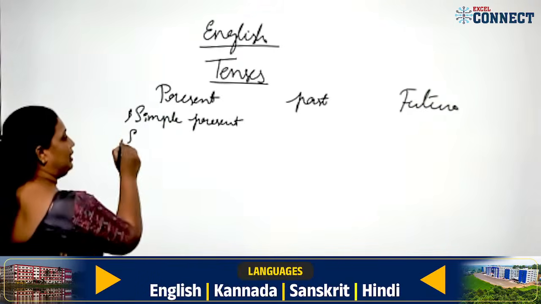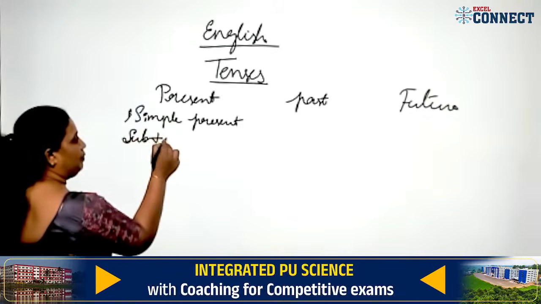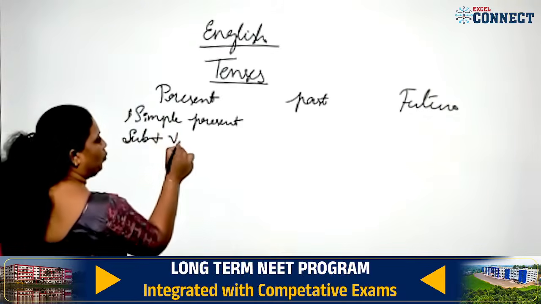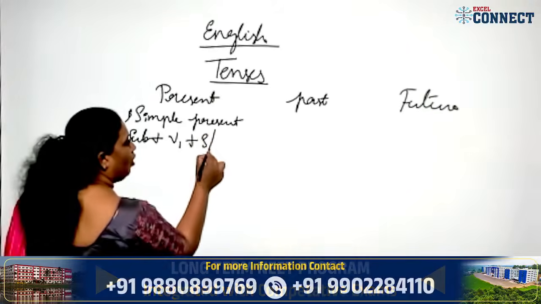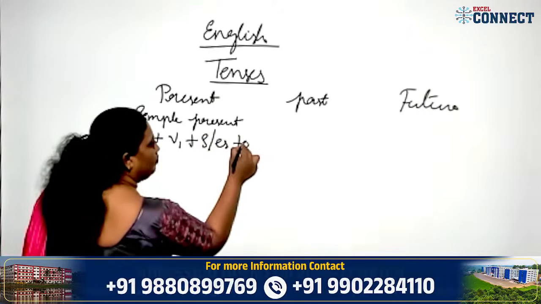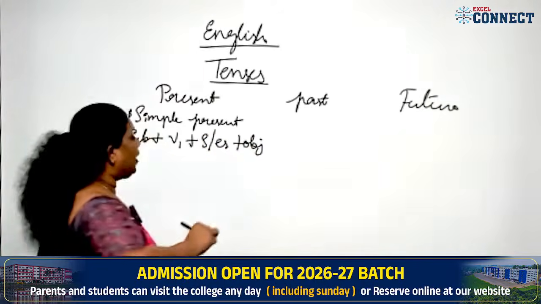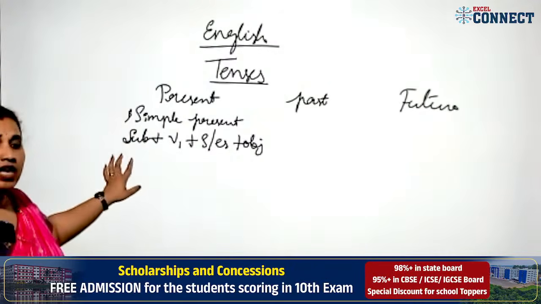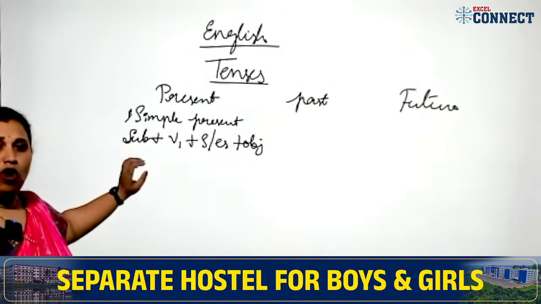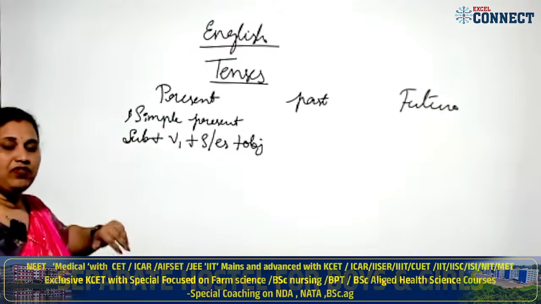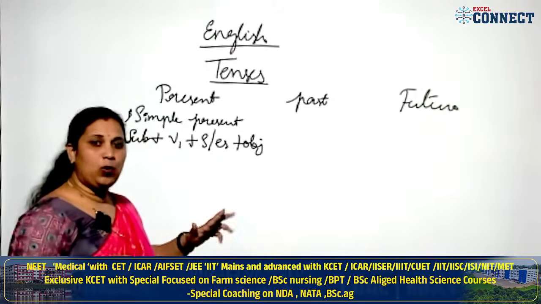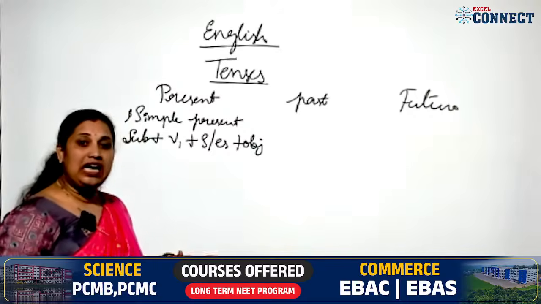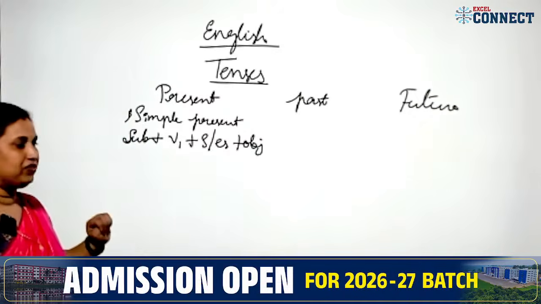For example, subject plus V1 plus s or es plus object. I hope you know the V1. It is the verb form V1, V2, V3. V1 is the present, V2 the past, and V3 is the past participle form of the verb.